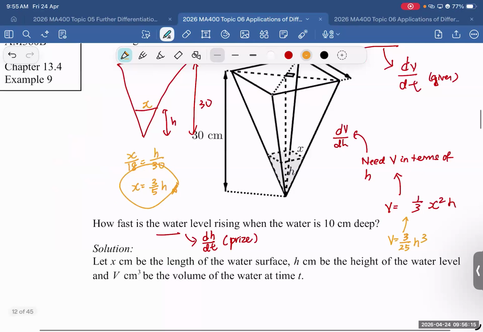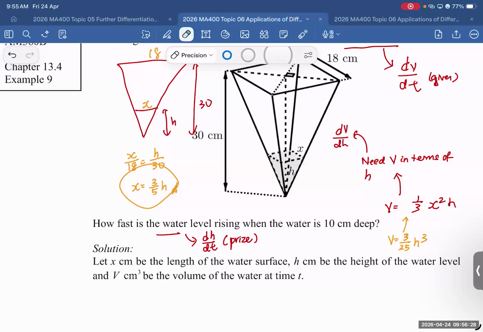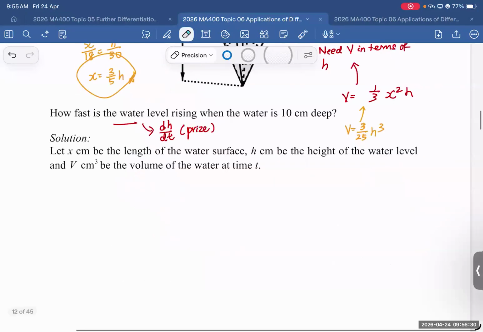So then I think HDT, if I'm wrong, it should be 5/36. Yeah, 5/36. It should be 5/36.